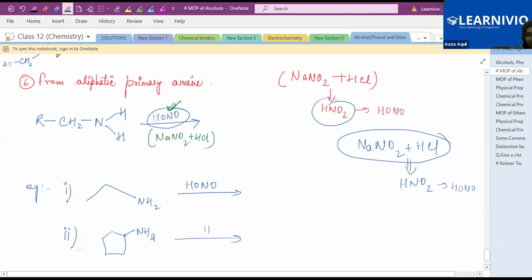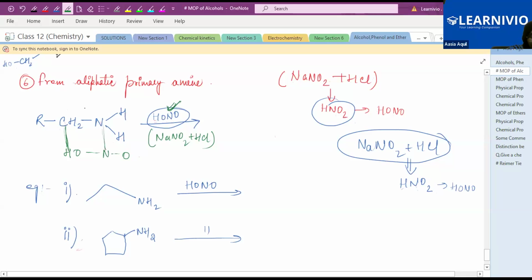Now let's understand the mechanism first. This is RCH2NH2. The OH gets attached to this carbon, and the N2 leaves from here.